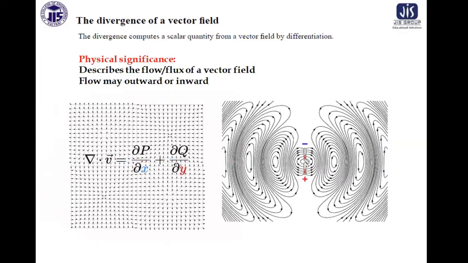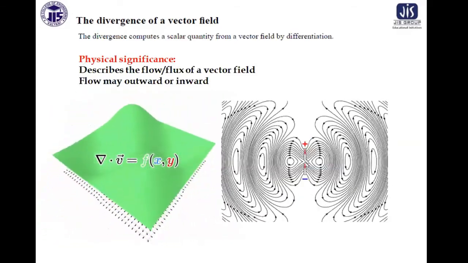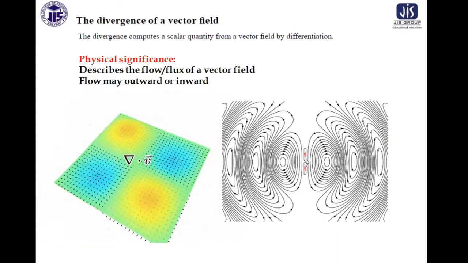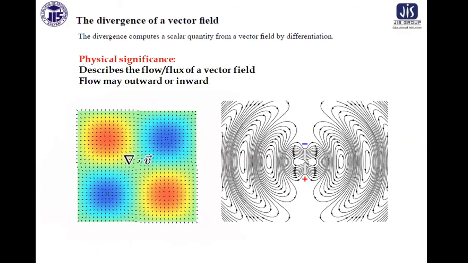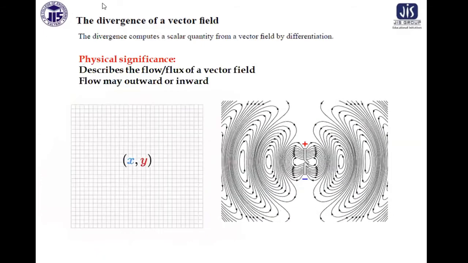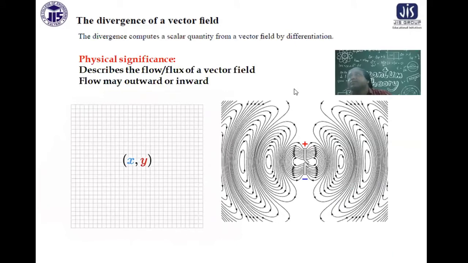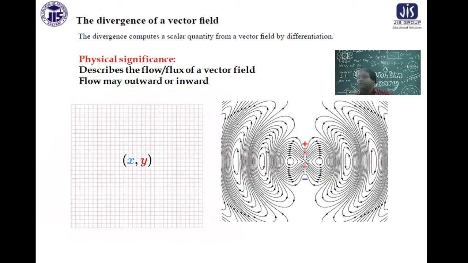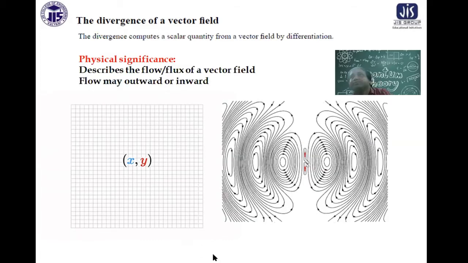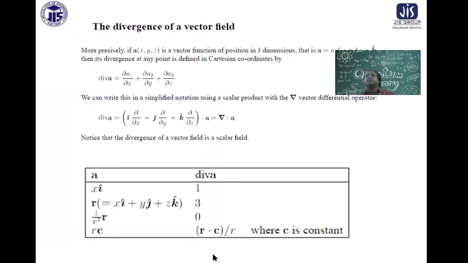You can clearly see how it is flowing. There is a definite flow of the vector. You can see there the divergence of A.